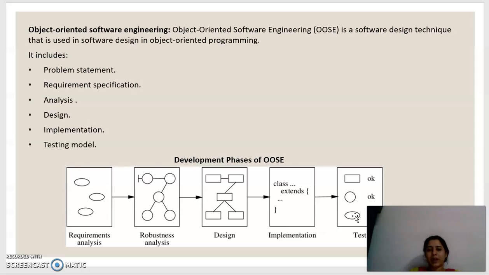Sometimes the software may become outdated, or the user requirements may be extended. So maintenance is very important, otherwise the software or application can't survive in the long run. These are the main stages of object oriented software engineering.